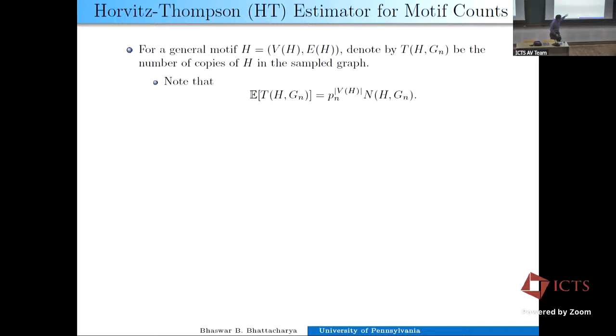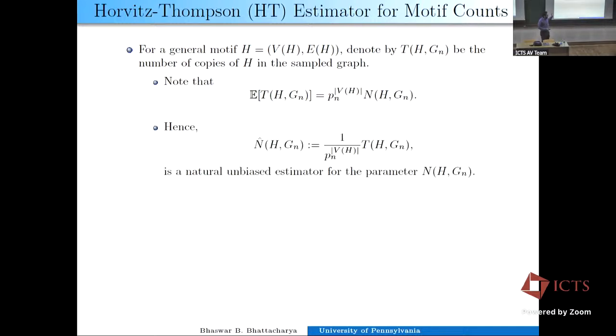So if I just divide by that power of p, I got an estimate. I'm going to count in the population graph as labeled, so I'm going to count that way. There is a factor of automorphisms of h which will show up later. So that is the most natural unbiased estimate of counting a motif h in the big graph Gn. You count the number in the observed graph and you divide by the probability that a motif is observed.